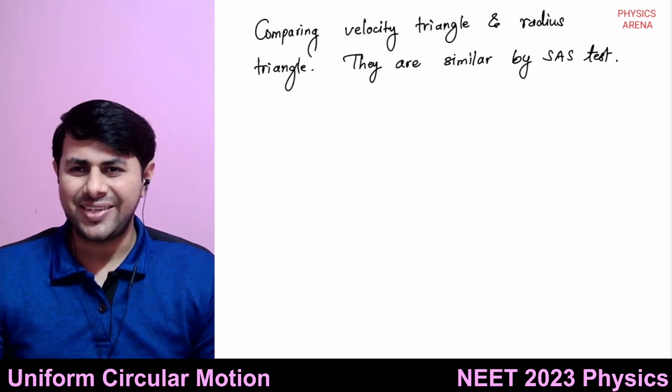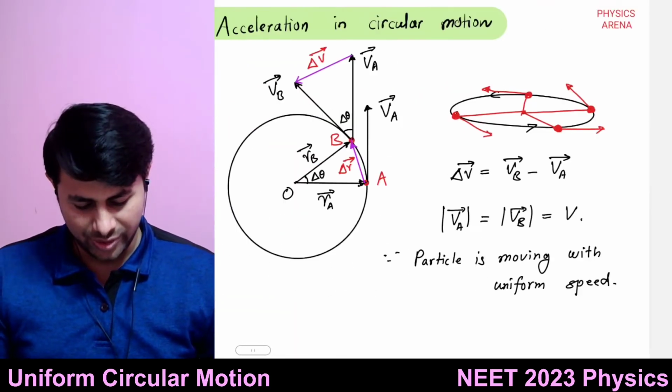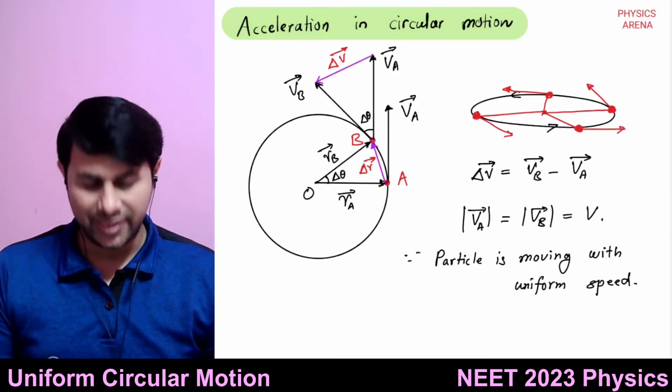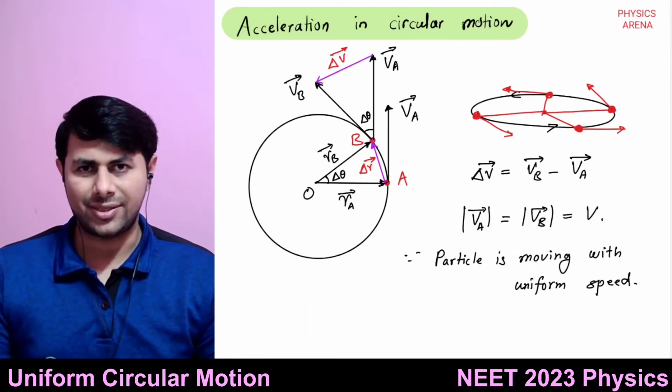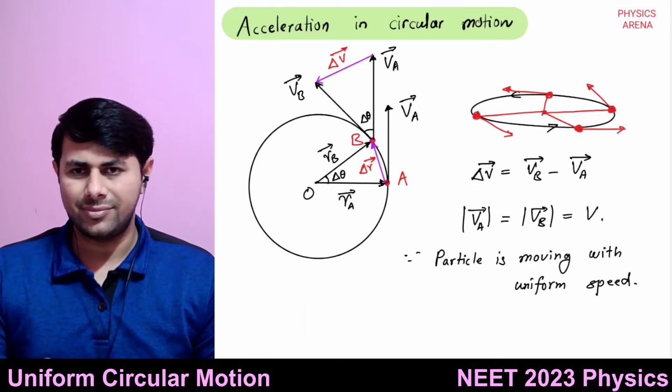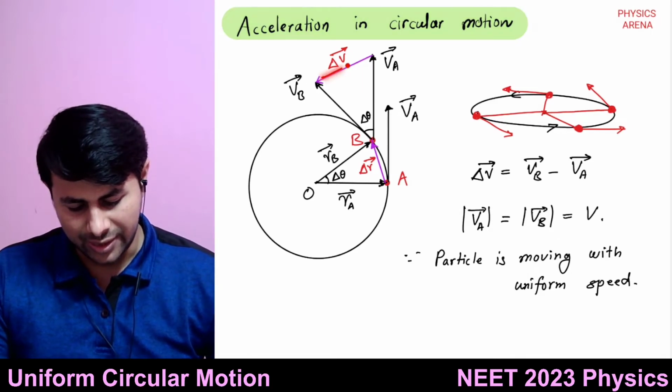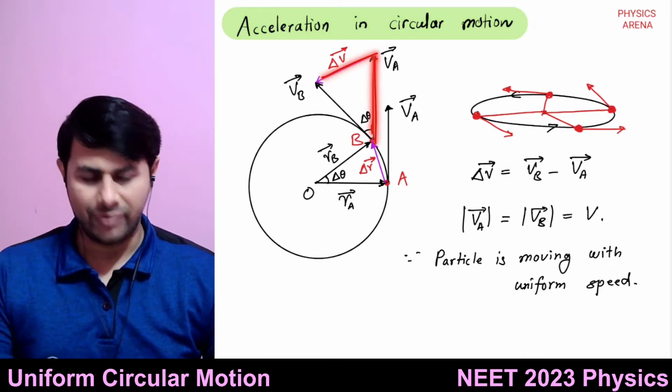So do you know this fact that the ratio of two corresponding sides of similar triangles are equal? So if I take delta V divided by VA, which is equal to what?